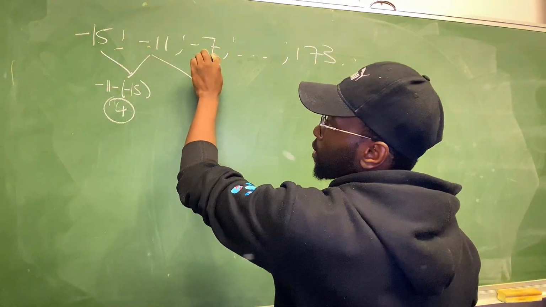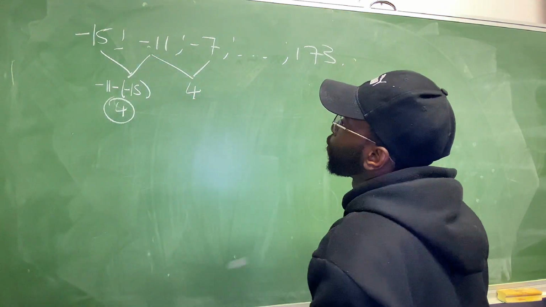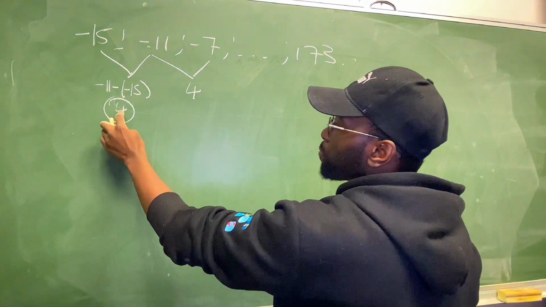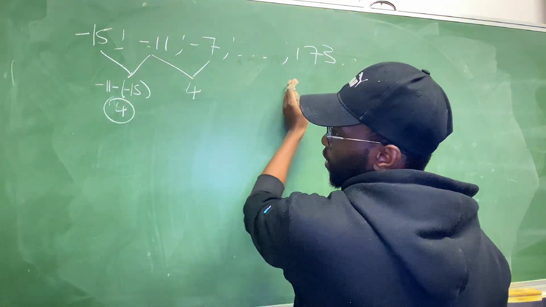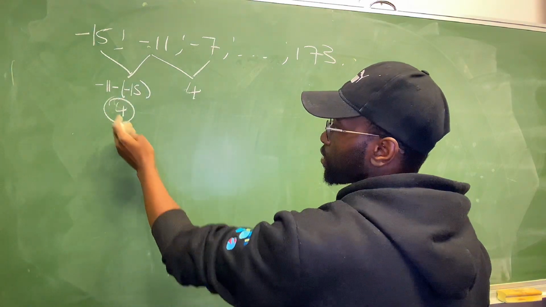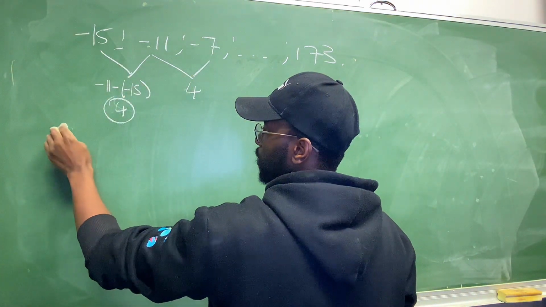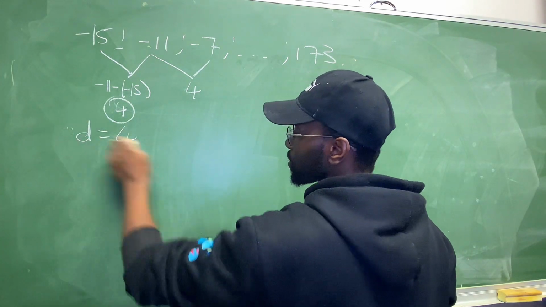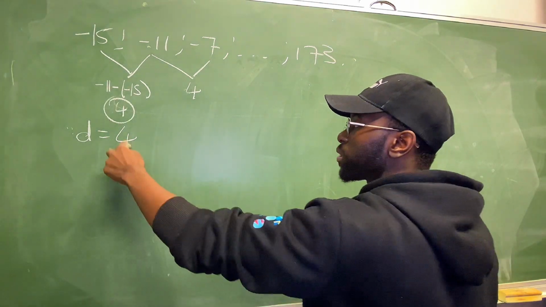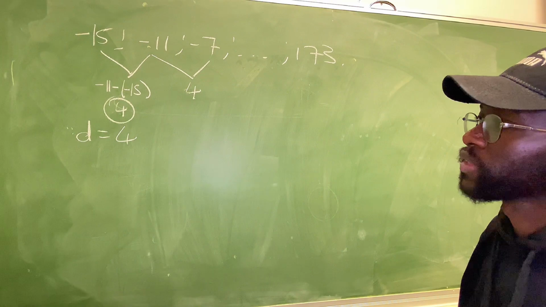Minus 7 minus 11 will also give you 4. So because these two are equal, you start to see the pattern that, okay, the first difference is the same. So yes, it is arithmetic because the common difference is constant, and our common difference in this case will be 4.